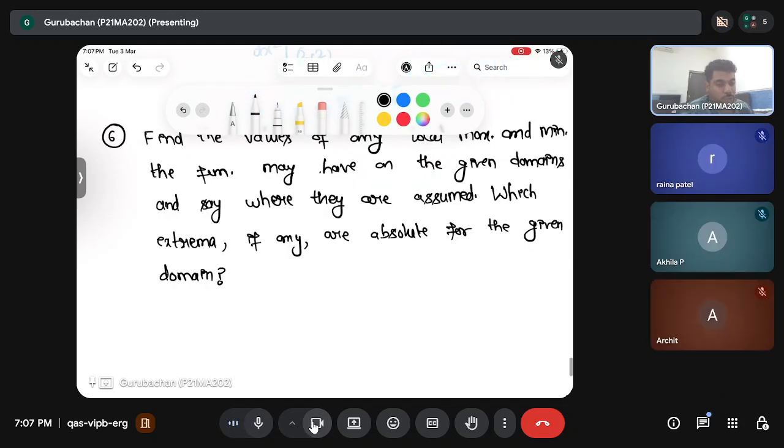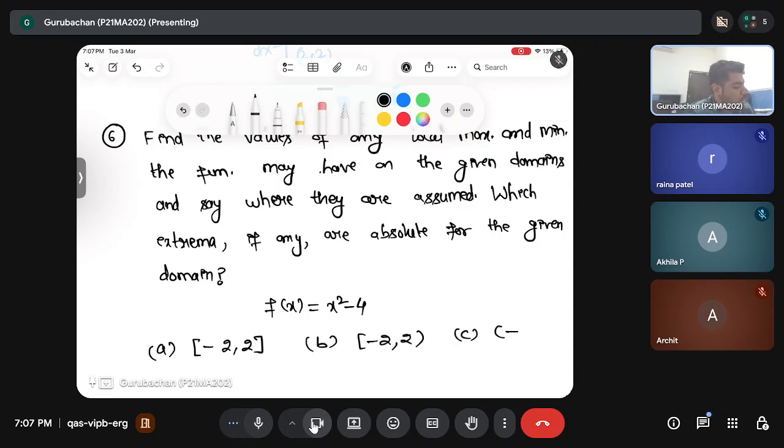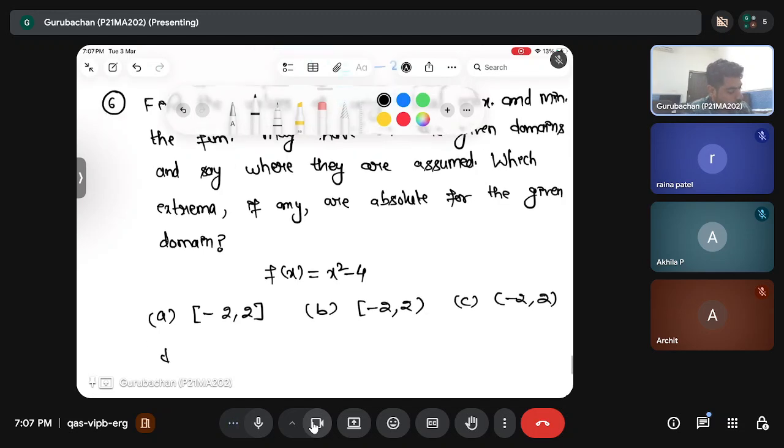So I am giving you a function f(x) equal to x square minus 4, and I am giving you 4 different domains, in fact 5: minus 2 to 2, minus 2 open to 2, minus 2 to 2, minus 2 to infinity, and minus infinity, or 0 to infinity.